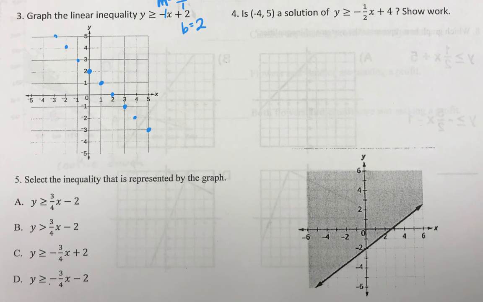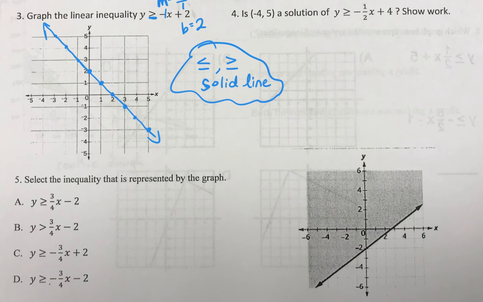Get some more points over on that side. And it's going to be a solid line because it has the or equal to. So remember, with a less than or equal to or a greater than or equal to, we're going to make a solid line. So this one has a greater than or equal to, so it's a solid line.